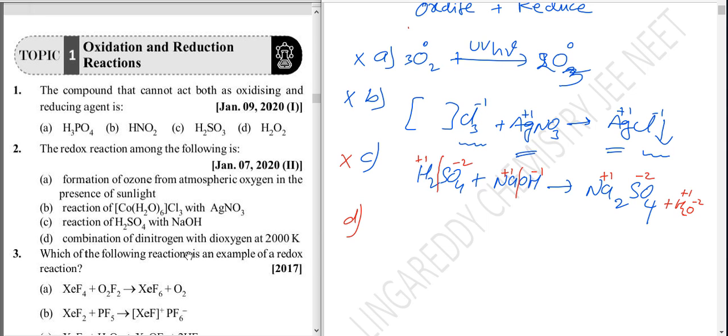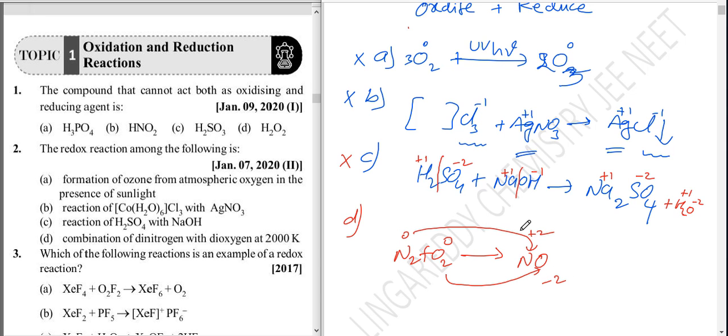Combination of dinitrogen with dioxygen. Dinitrogen plus dioxygen is forming nitric oxide. See, 0 0 it's fine, but 0 to +2 for NO. 0, 2 minus 2, plus 2 and minus 2, 0.